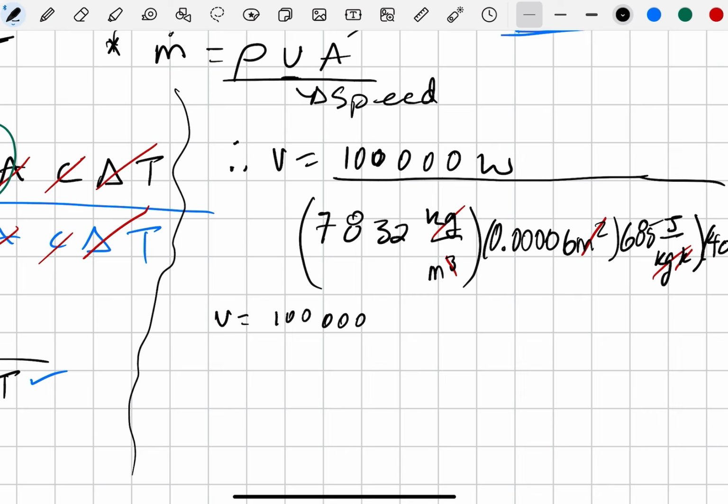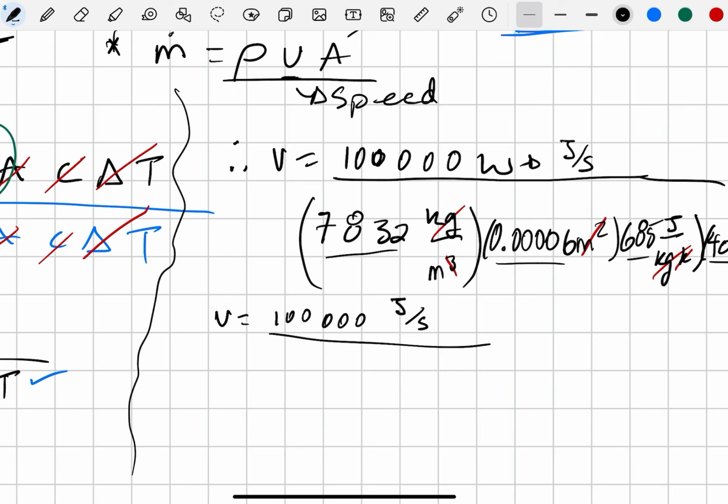So I'm left with the speed is equal to 100,000, and I'm gonna change watts to joules per second, divided by, so when I multiply all of this out, when I multiply this times that times that, I think I get 728,000. Let me just double check.